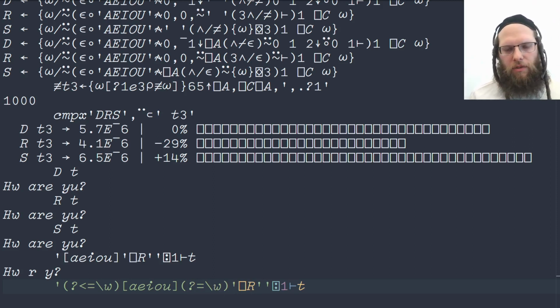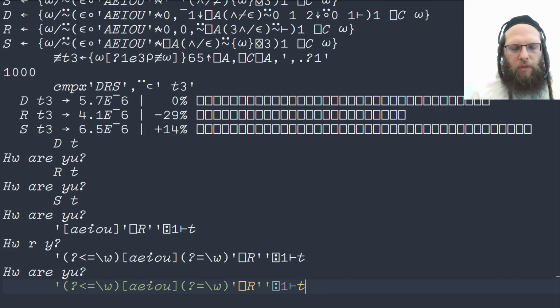If it's the last character in the whole input, then there are no characters to the right, and we're also not interested. It's important to note that these look-arounds, look-behinds and look-aheads, are not part of what's being matched. They're just something that's being checked when we try to match. So that works as intended.